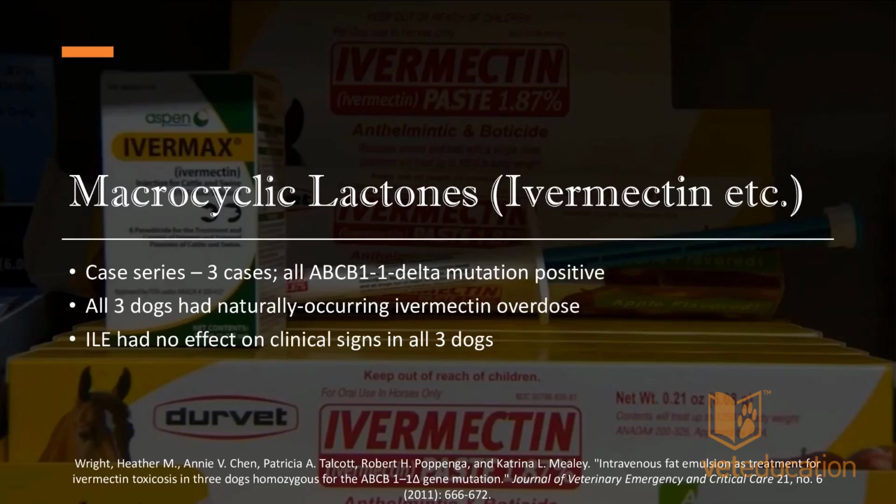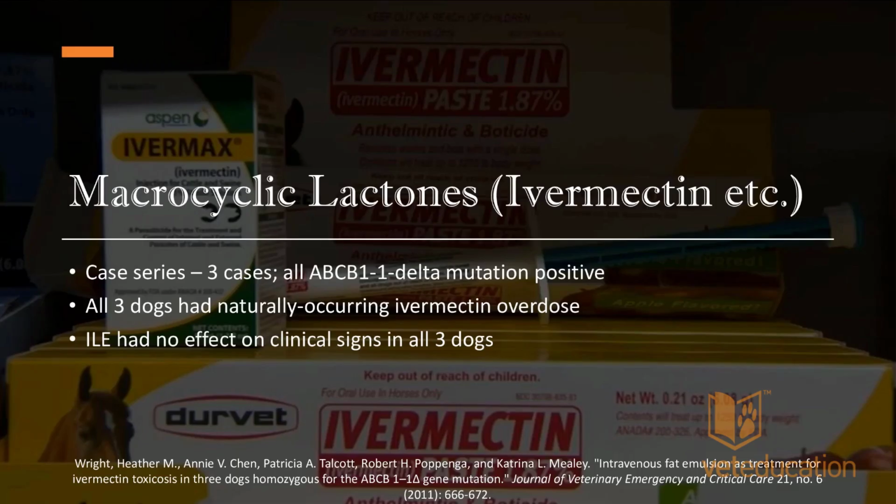All right, now another case report here. This was of 3 cases, all of whom were ABCB1 delta mutation positive. Okay, so these were all collies, I believe, and all 3 dogs had naturally occurring ivermectin overdose, and intravenous lipid emulsion therapy had no impact on clinical signs in all 3 of these dogs.